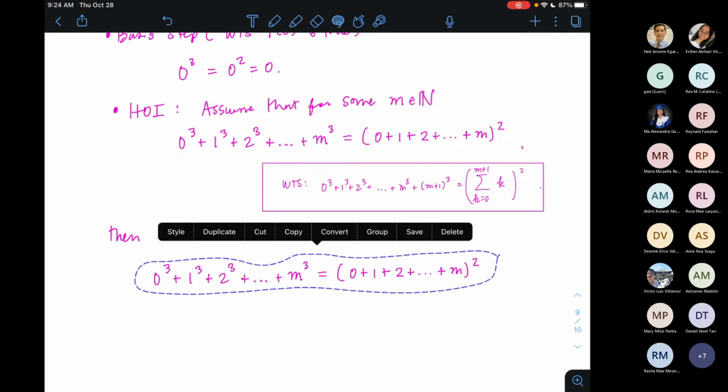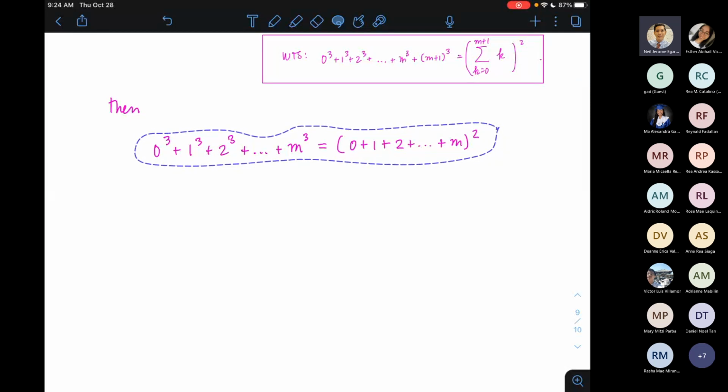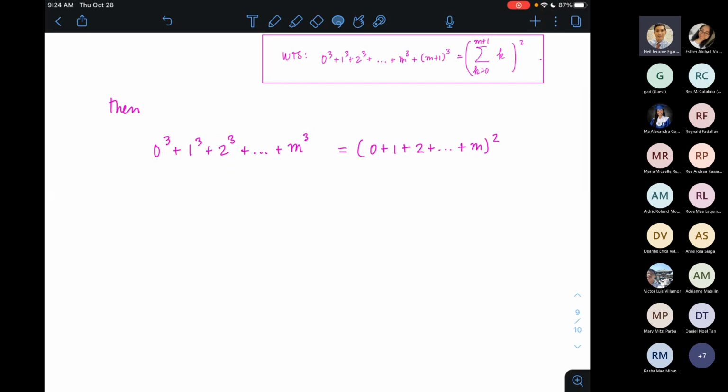So, ito yung HOI, pwede siyang gamitin kasi part siya ng assumption. Tapos, para maging kamukha siya nung nasa WTS, mag-a-add ako sa kanya both sides ng m plus 1 cubed. Alright? So, solve na tayo dun sa left-hand side. Wala tayong problema dun.